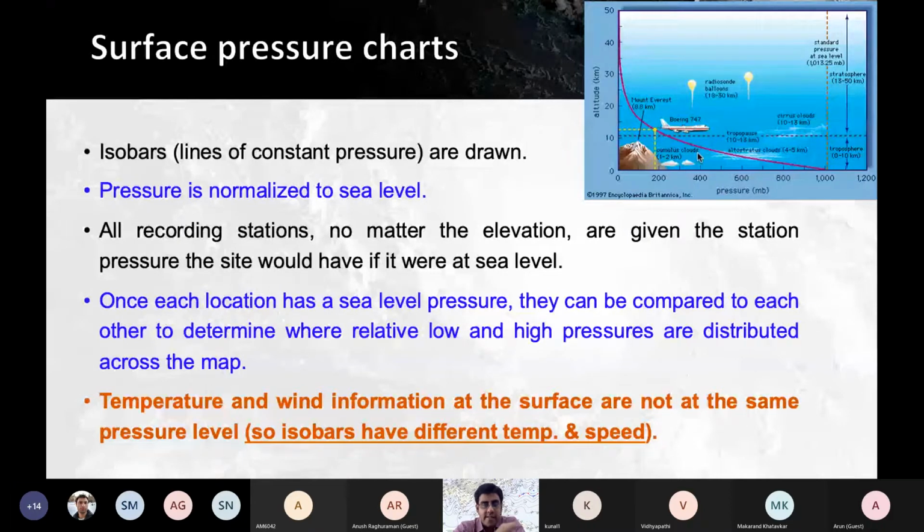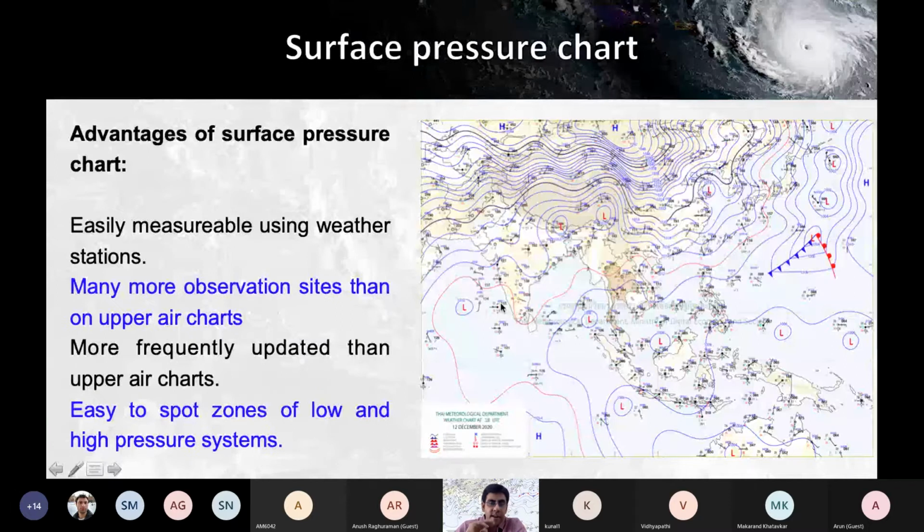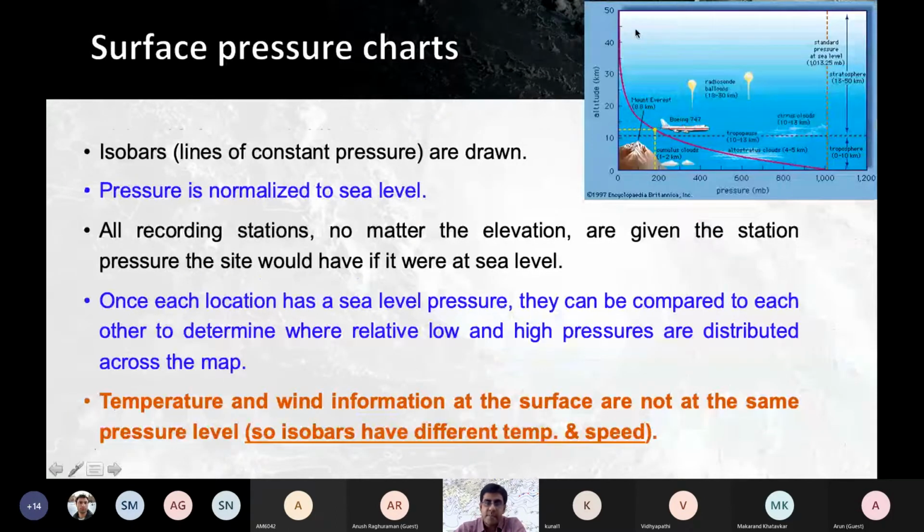So I take all the values and bring them to the mean sea level value, and then I compare all the pressure values. The charts that I have obtained are all referenced to the mean sea level pressure. That is actually the best way of saying whether a low pressure has formed or a high pressure has formed, because that neglects this base state, which is actually going to be a noise in the data.